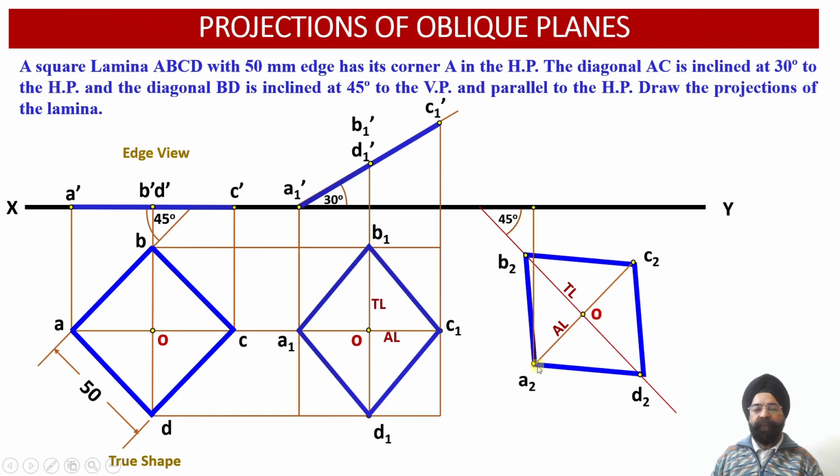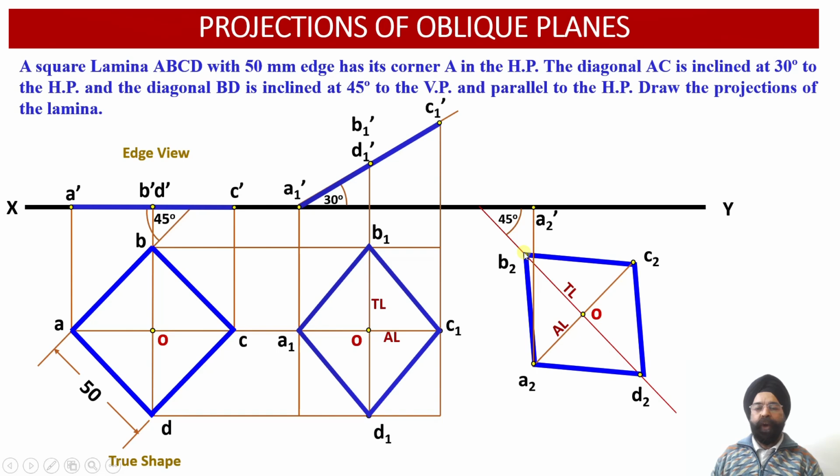So let us proceed. From A2, we are going to draw a vertical projector upwards, and extend this up to the limit where it intersects with the horizontal projector line drawn through the point A1 dash. So this intersection provides us with the point A2 dash in the elevation.